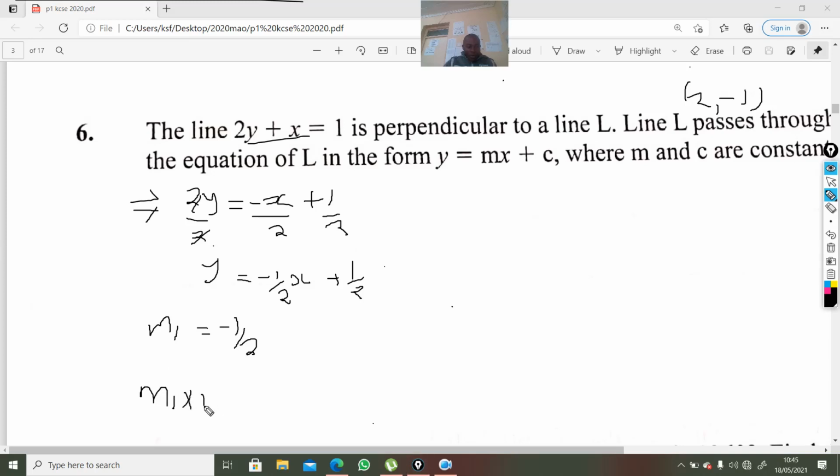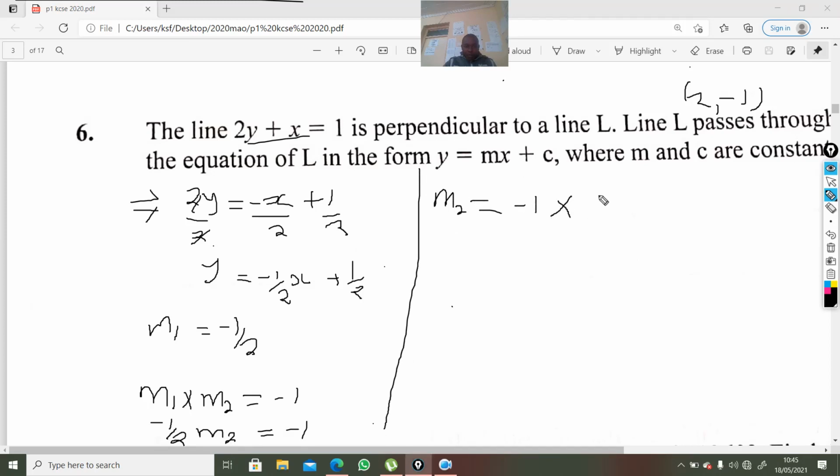Because we are told they are perpendicular, we know from what we learned in Form 2 that m1 times m2 equals negative 1. So I can get my m2 by multiplying negative 1 by the reciprocal of negative half, that is 2 over negative 1.